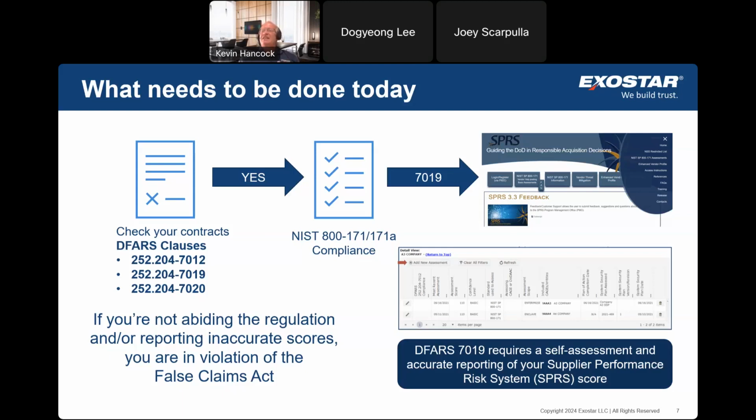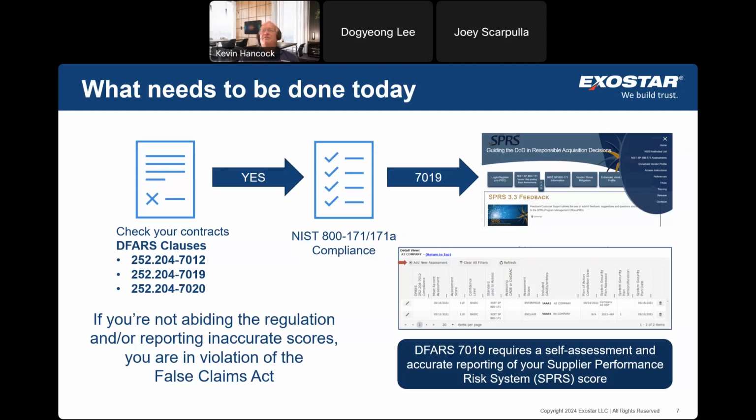If you've got that 7019 clause, what that requires is for you to go into the Department of Defense's SPRS system, the Supplier Performance Risk System, and enter your self-assessment score. Remember, I talked a little bit ago about the scoring of each of the different controls? That's where this comes into play. You do a self-assessment of your organization against those 110 controls. Those that you've implemented, you get a score of 1, 3, or 5.